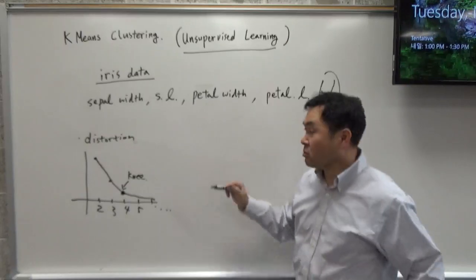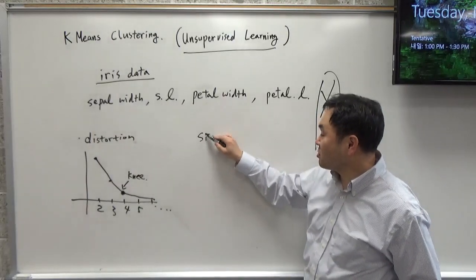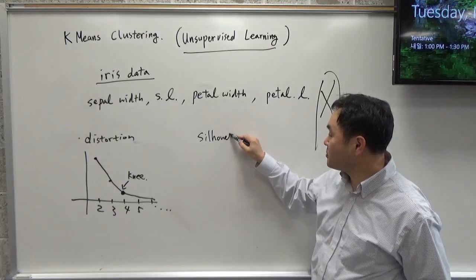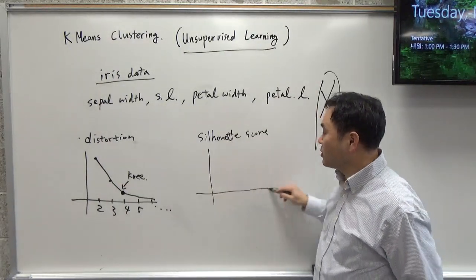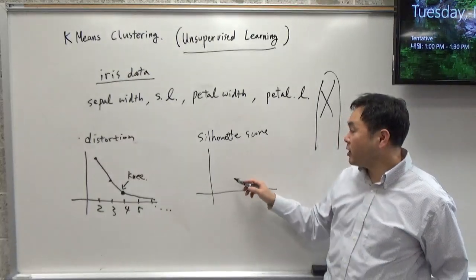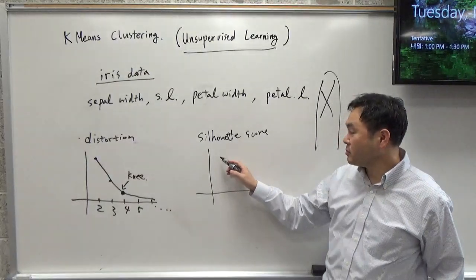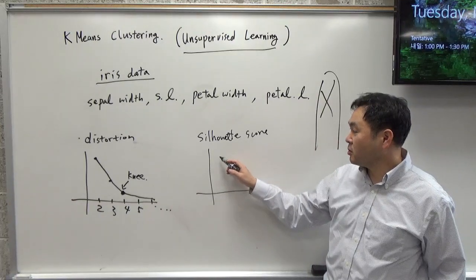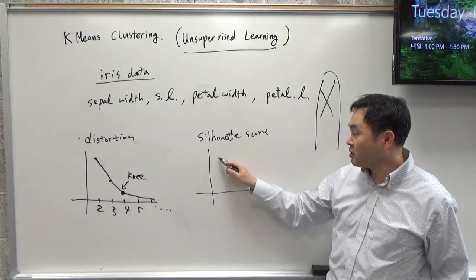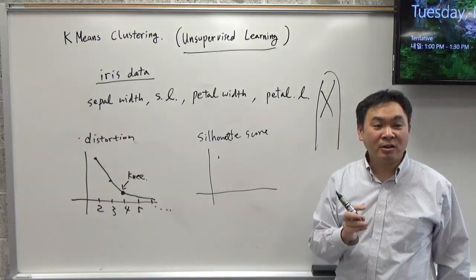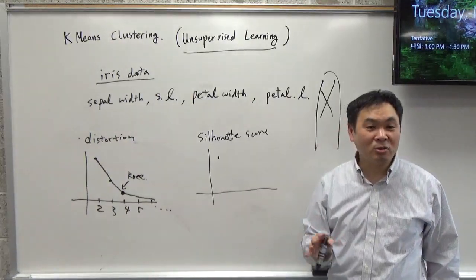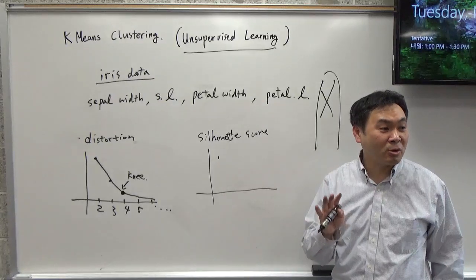Another way to figure out K would be to use the silhouette score, where you calculate the average silhouette score. The silhouette score is made in a way that it doesn't necessarily have to go down.